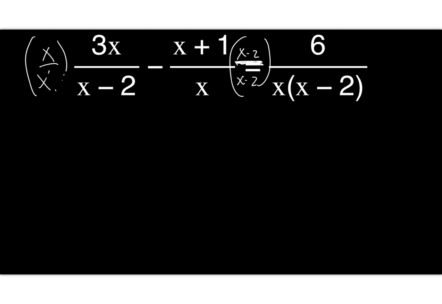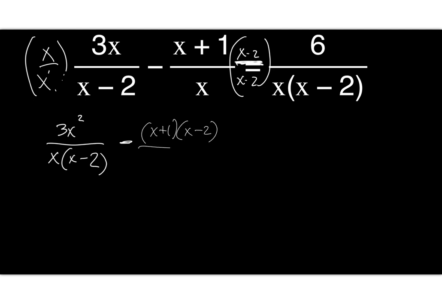So then I'll have in the numerator 3x times x, which is 3x squared, over x times x minus 2. Minus, up here in the numerator, I have x plus 1 times x minus 2, in the denominator x times x minus 2.